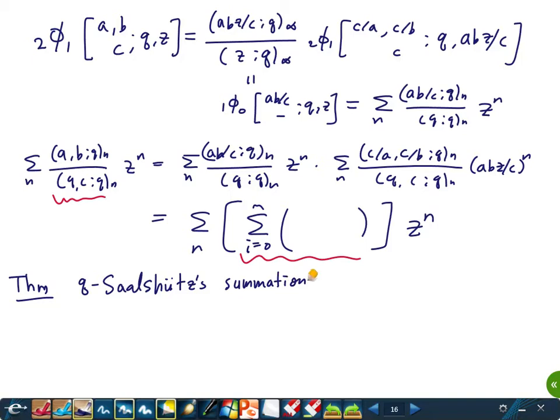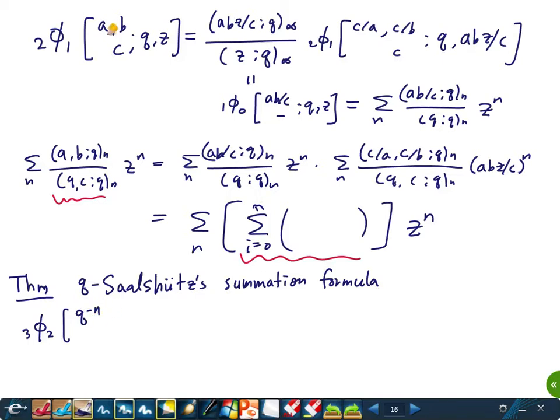So 3 phi 2 is an example of a 3 phi 2 that can be summed, not always, but it turns out to be a 3 phi 2 sum which has this form.